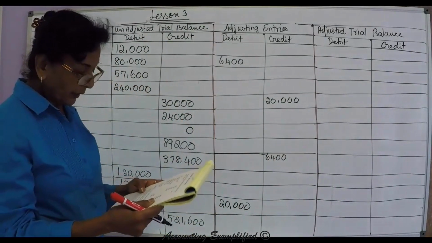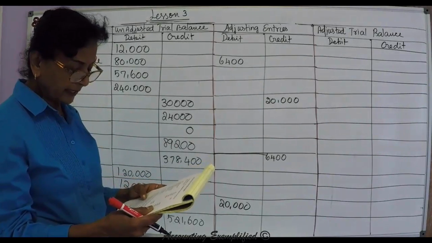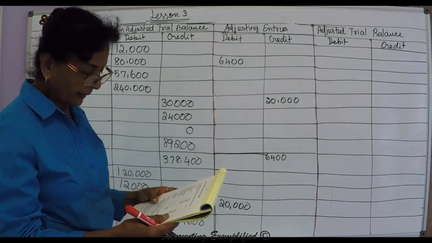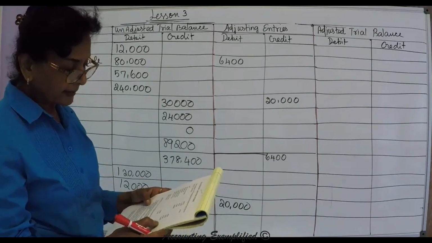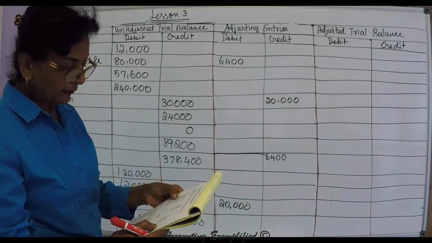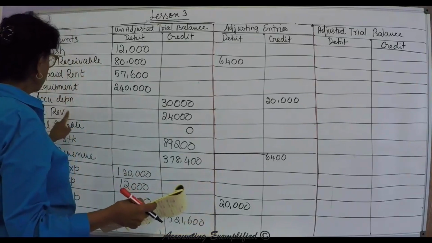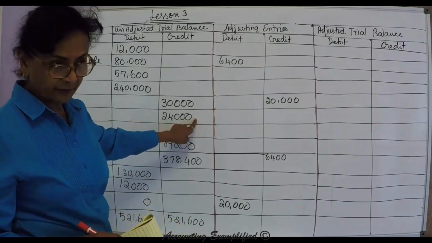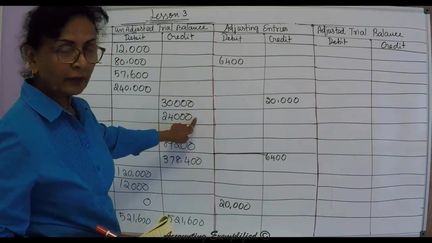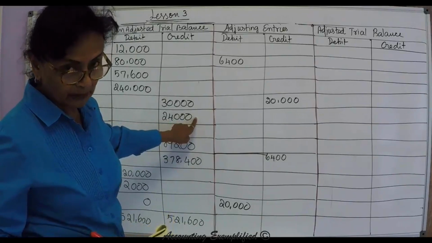And then number 3, 2/3 of the revenue received in advance has been earned by December 31st. So the amount received in advance is in the unearned revenue. It says the unearned revenue has a balance of 24,000 and they have earned 2/3 of it. So 2/3 of 24,000 will be $16,000.